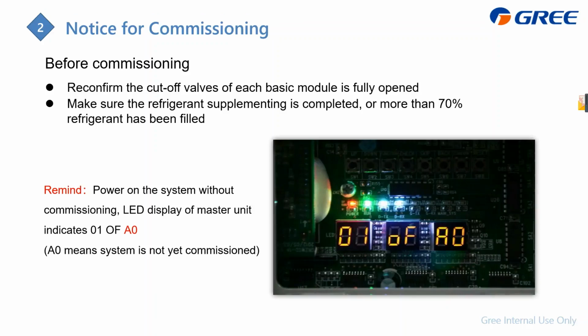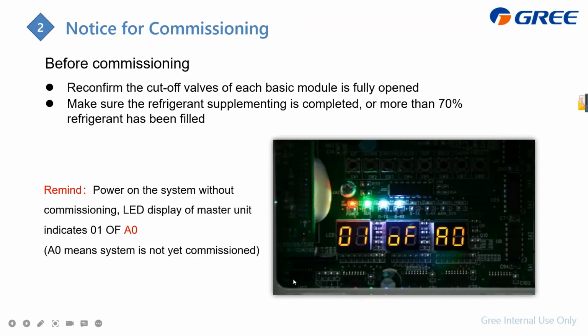Okay, and before the commissioning, you should confirm that the cut-off valves of the outdoor unit are fully opened and that more than 70% of the refrigerant has already been charged. And then here, if we do the commissioning through the mainboard, it will display 01 OF A0.